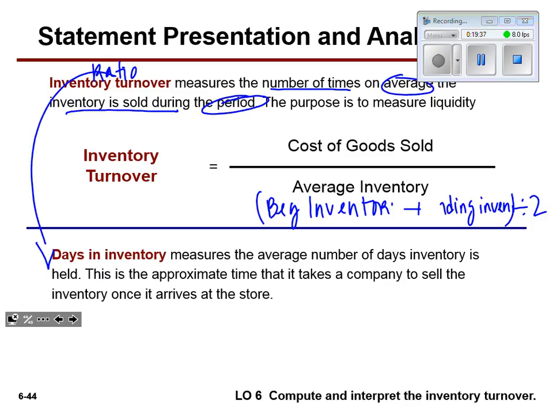Okay. From there, you take days in inventory. It basically measures the average number of days inventory is on the shelves. This is the approximate time it will take a company to sell inventory once it arrives at the store.